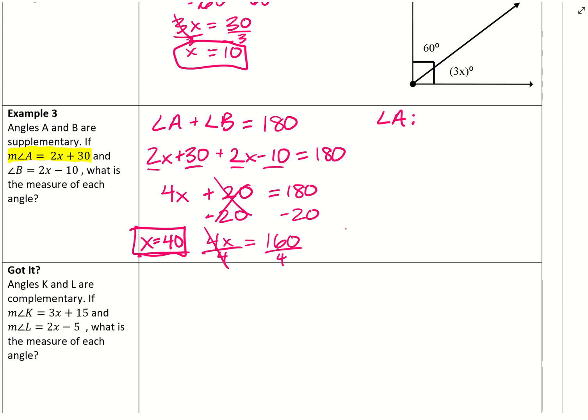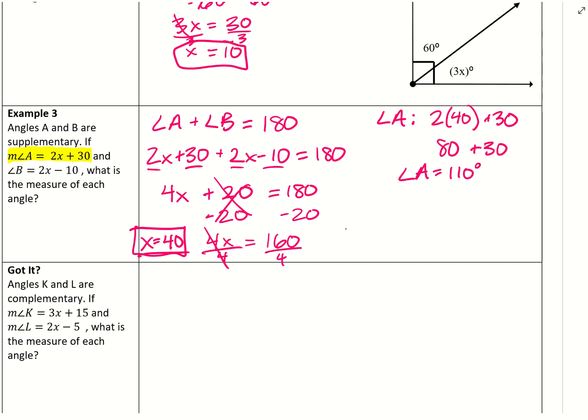So 2 times 40 plus 30. 2 times 40 is 80, and then 80 plus 30, angle A equals 110 degrees.